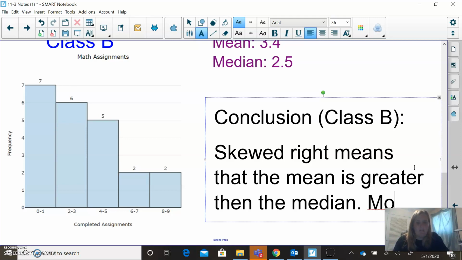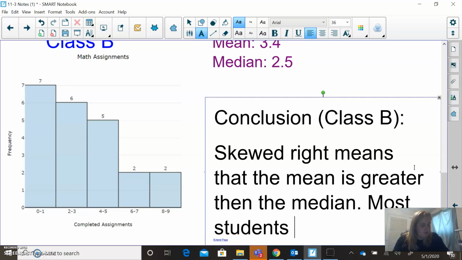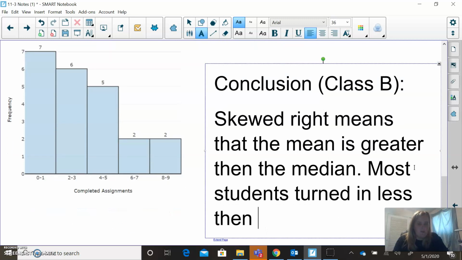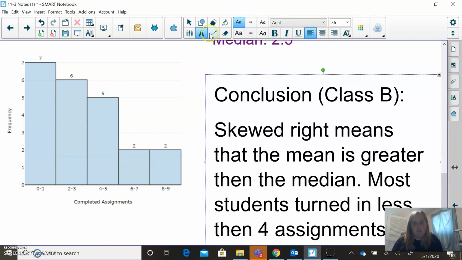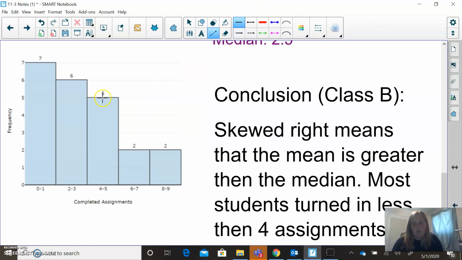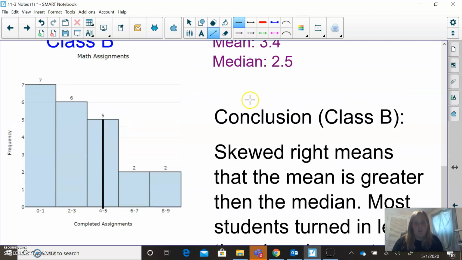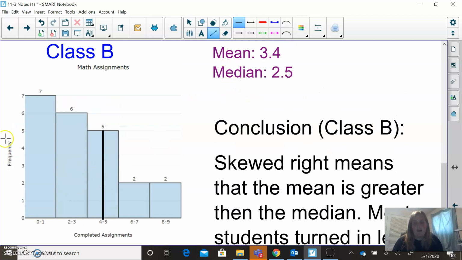This means that most students turned in less than four assignments. Like I said, the 4 is right about here, and most of our data falls on the other side.